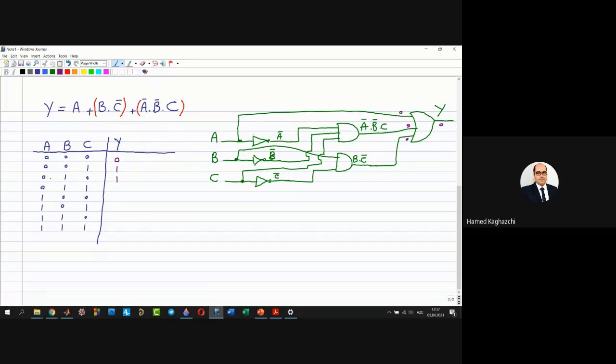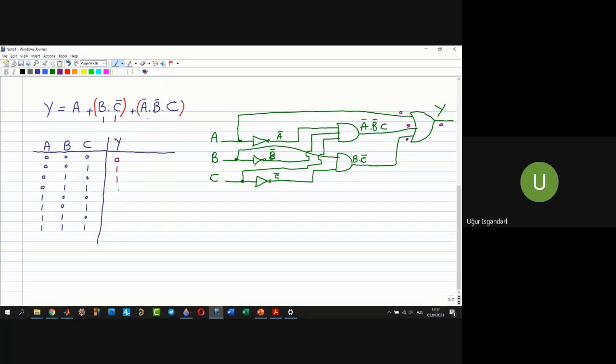Again 1. A bar will be 1. Let's talk about this one. B, C bar. B is 1. C complement is 1. Again, this term is 1. This is 1. What about 0, 1, 1?